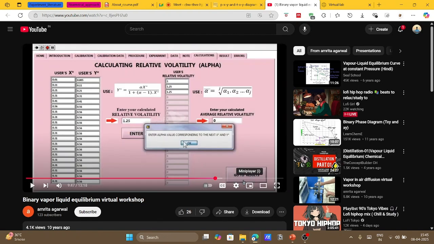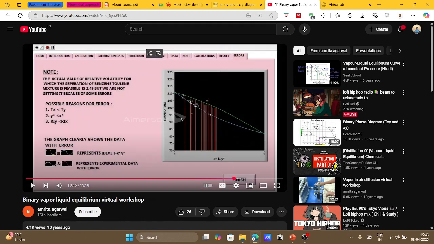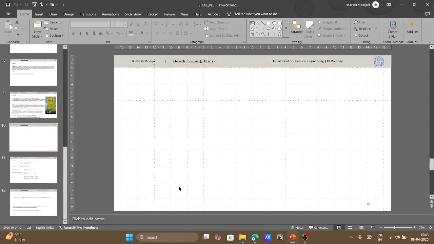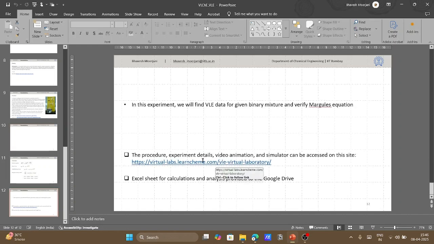Basically the procedure that we had discussed, we repeat the same here in the virtual lab, and then at the end you can plot this Txy or yx plot, right? So for our experiment we will be using the virtual lab by the Learn Chemi group.